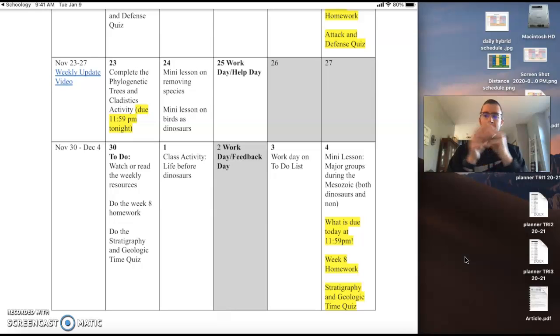So, focusing in on the Mesozoic and what it would have looked like in each of those different eras or periods of the Mesozoic. Okay, and then you've got your homework due at 11:59 p.m. on Friday. Okay, that's the week.